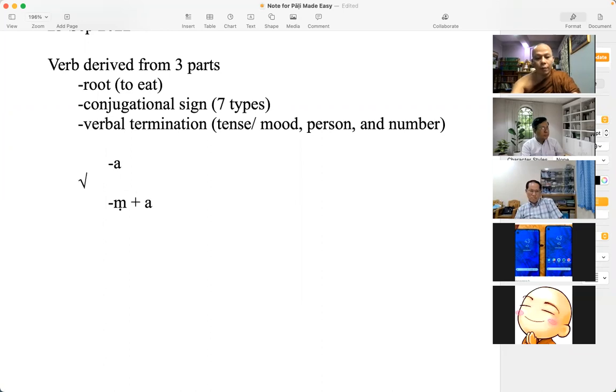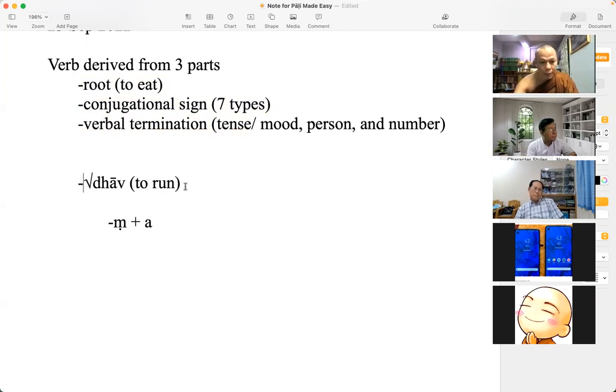For a verb form, for example, root dawa. Okay, here I will continue the introduction. So three parts. The first part is the root dawa. The meaning of root dawa is to run. Okay, just to run. Now second, after the root, that root dawa belongs to the first conjugation sign group.